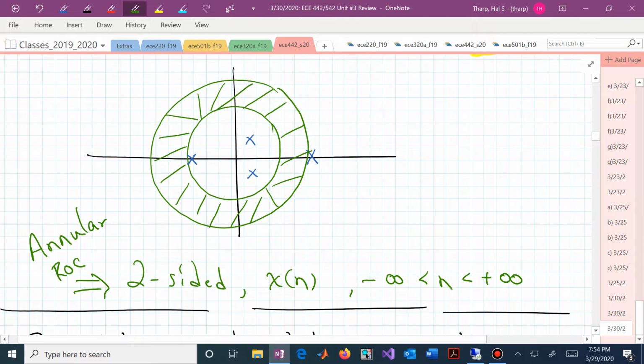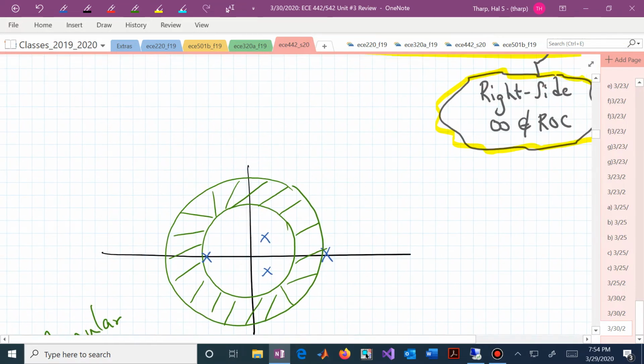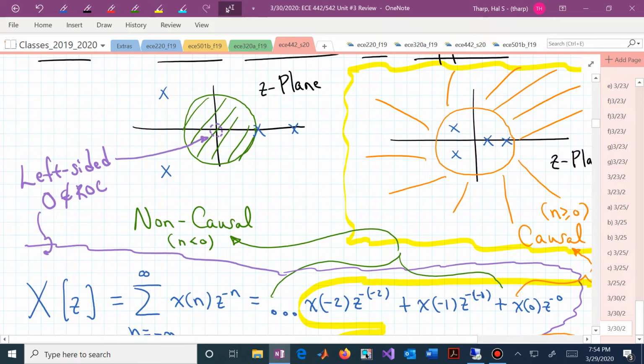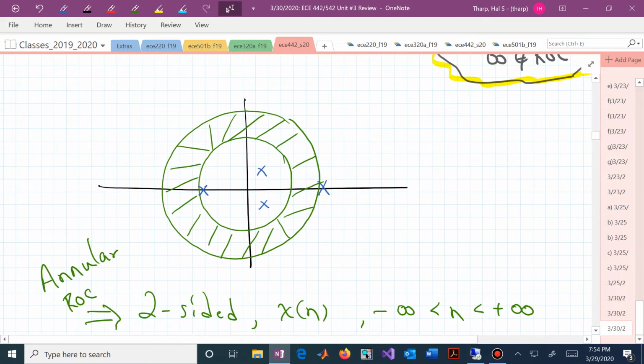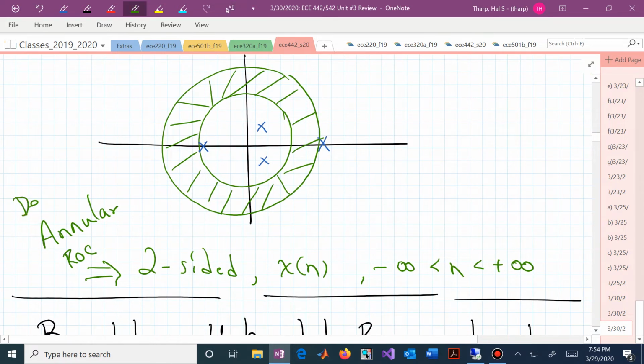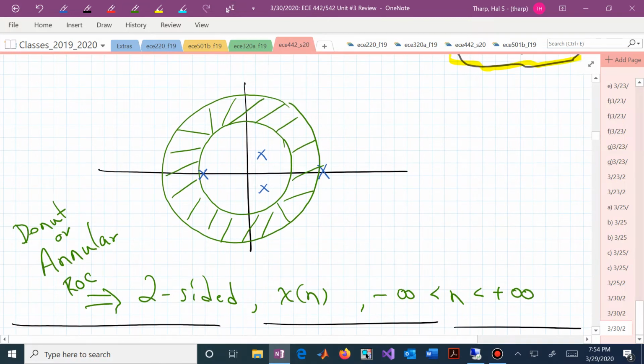So this donut region of convergence, not a disk and not a z-plane with a hole in it, but now we have a donut region of convergence, or an annular region of convergence. That leads to a two-sided sequence x of n. X of n is now non-zero in extent from minus infinity all the way to plus infinity.